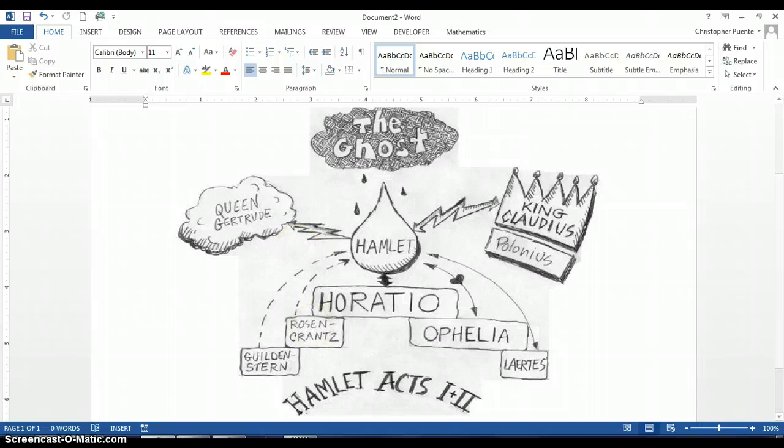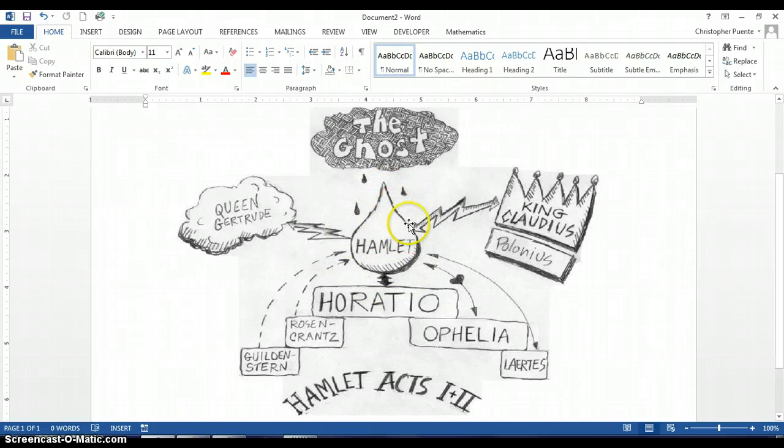Now, what your teacher will probably ask you to do is to not only make these sorts of connections and use these sorts of symbols, but to also use some of the L2s that you have been writing down as you read to characterize some of these relationships or some of the characters. For instance, if we have Hamlet in a tear, that's good and all.